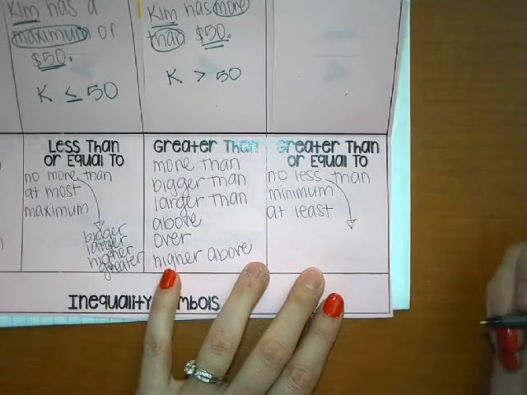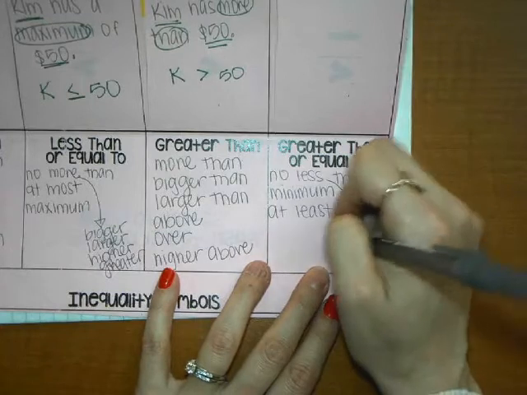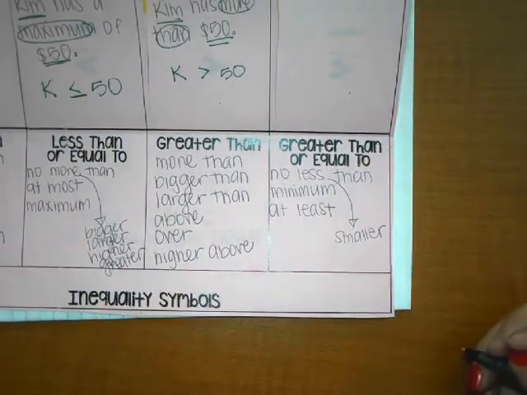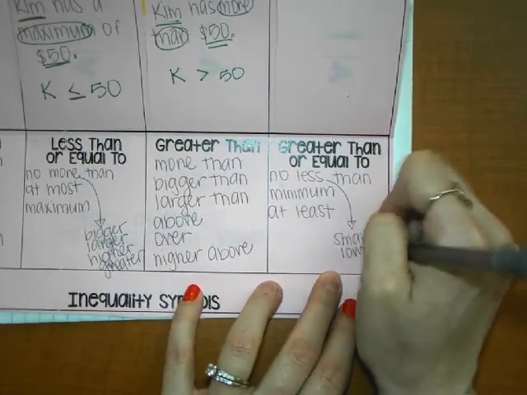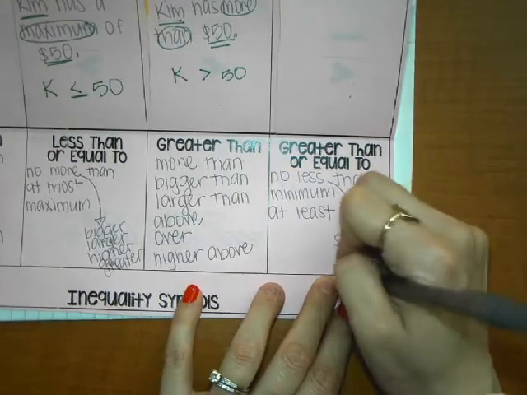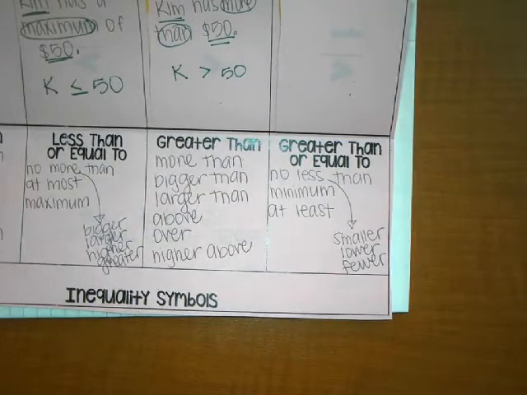We have that one. Luke? No smaller than. So I could replace the word less with smaller. I could also replace it with what, Annie? No lower than. And I can replace it with what else, everyone? Fewer. We don't have the word tiny anywhere on our sheet.